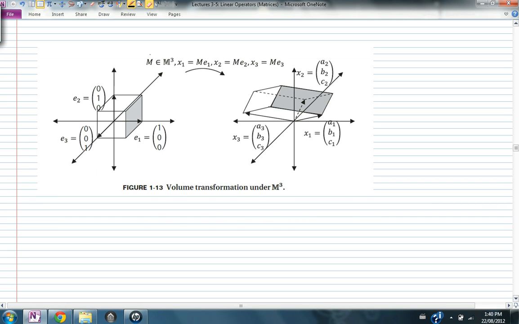Once I multiply M by each vector of this cube, M E1 gives me vector x1, M E2 gives me vector x2, M E3 gives me vector x3. So I have a new shape. It's not a cube anymore, but the volume of the new shape is equal to the determinant of M.